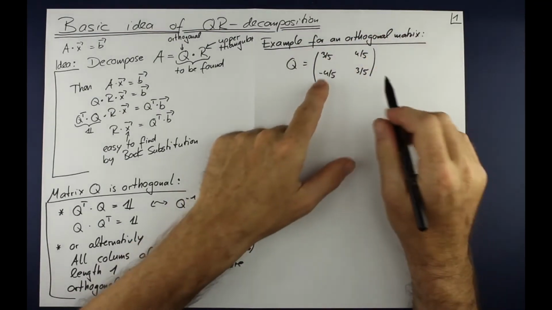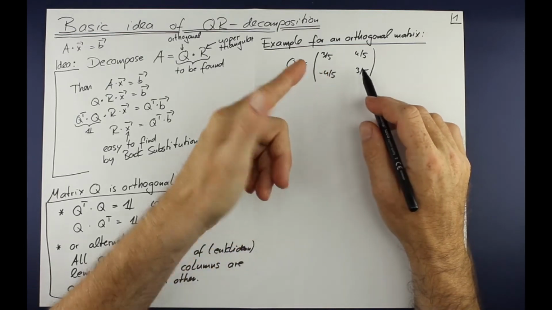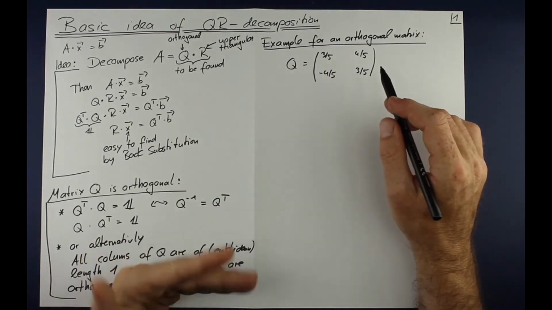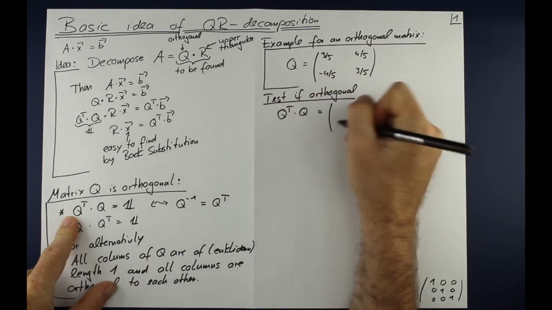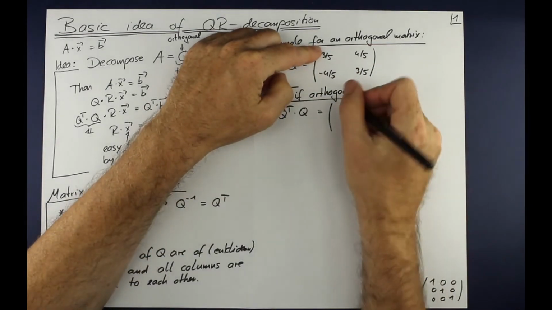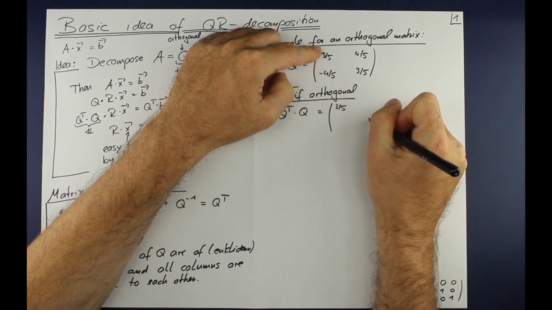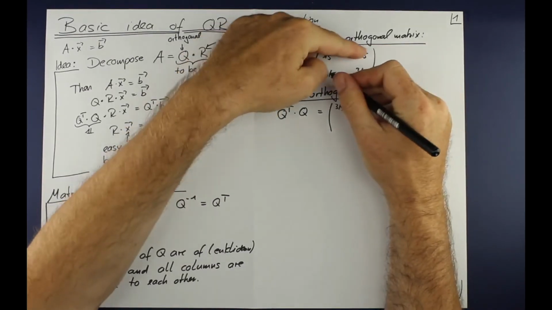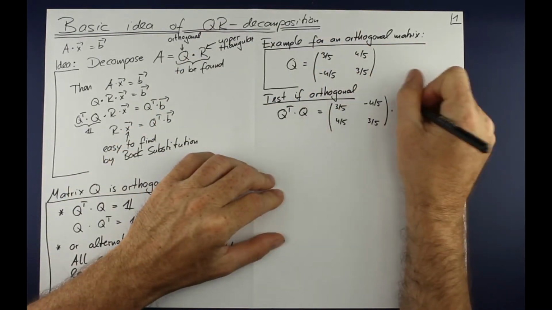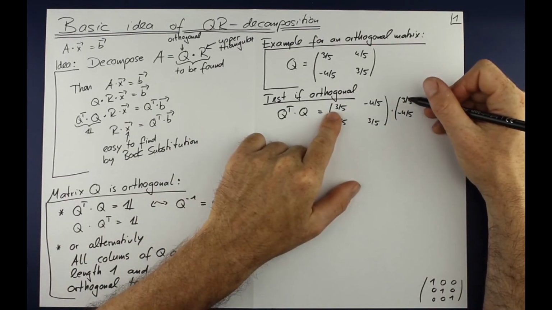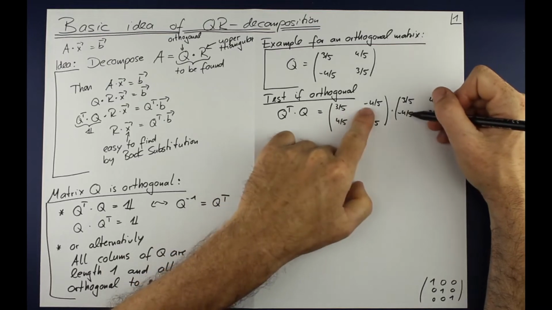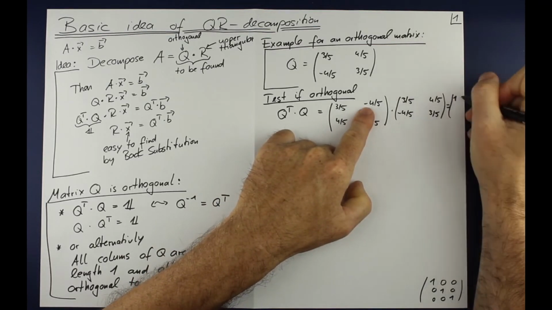This is an orthogonal matrix of size 2 by 2. Why is it orthogonal? We can test. The transpose of Q: keep the diagonal and exchange these entries. And now Q. And here we have 9 over 25 plus 16 over 25, which is 1.